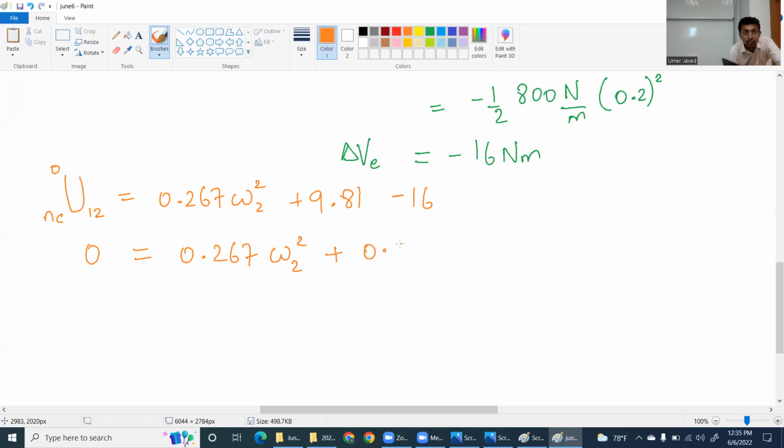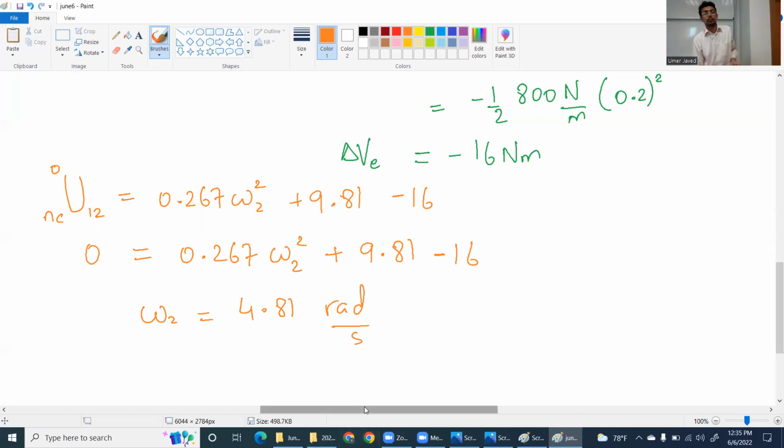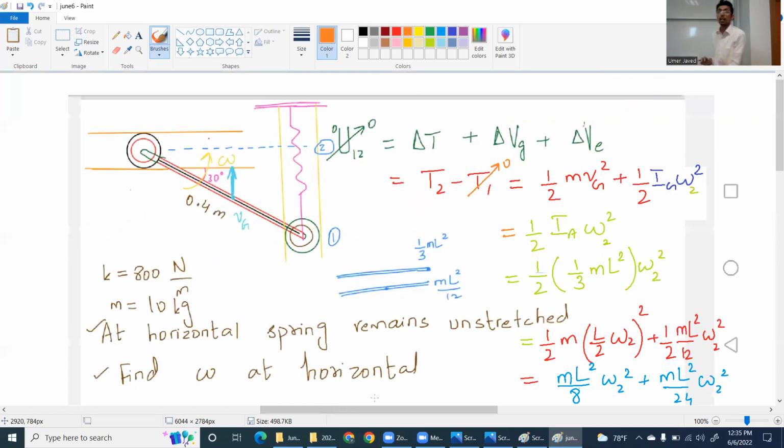Plus point. Now I will also add one more thing. How will I change this question in an exam? Please listen to this because I have to make the exam for you. Omega 2 comes out to be 4.81 radians per second. In an exam, how can I change the question? Let's say I can talk about an applied moment.